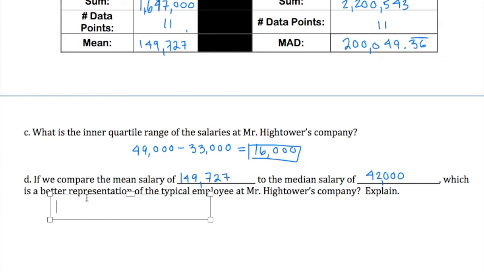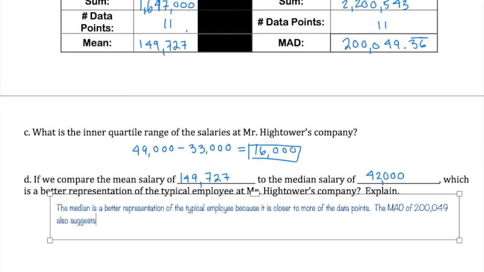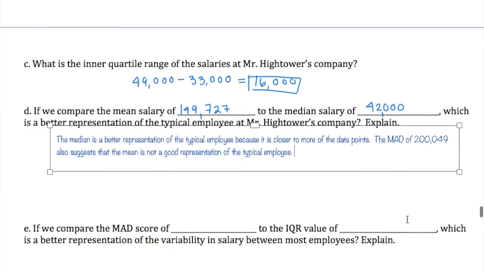Here we would say that the median is a better representation of the typical employee because it is closer to more of the data points. The MAD of 200,049, that also suggests that our mean is not a good representation of a typical employee. Big MAD score means not a meaningful mean.